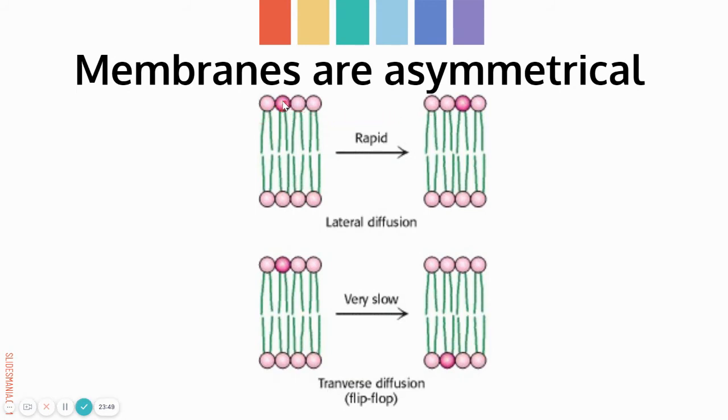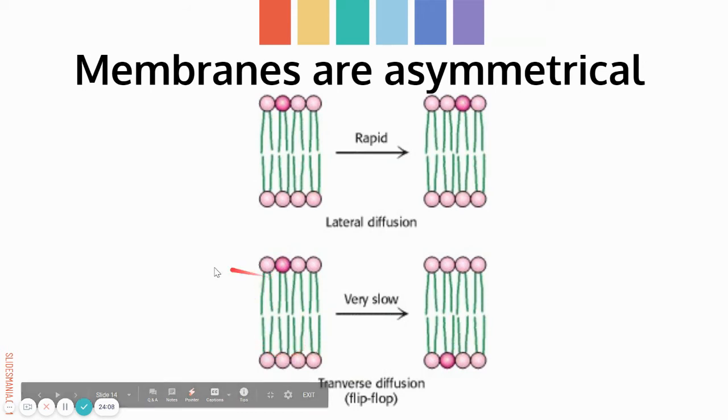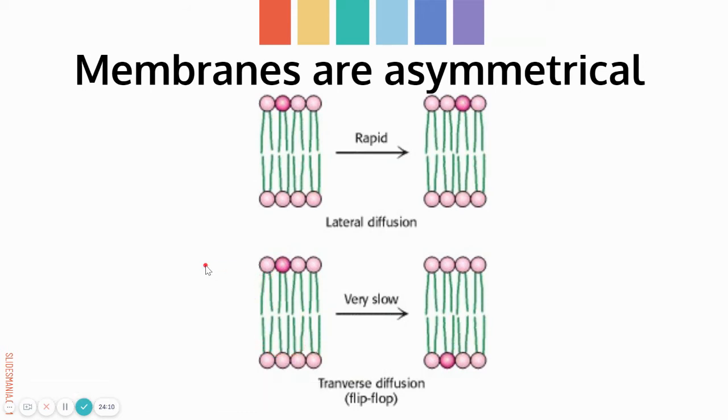So it's very easy when we say the membrane is fluid. What we mean is the outer phospholipids can switch places with other outside phospholipids, and the same thing for the inside phospholipids. But this lateral diffusion happens very quickly, but there's very little diffusion or switching of an outside phospholipid onto the inside, or vice versa. So there are actually specific enzymes called flippase and floppase.